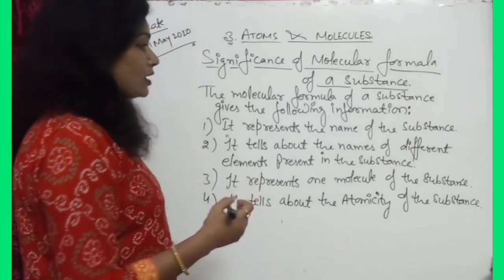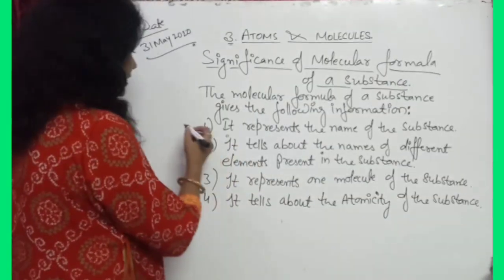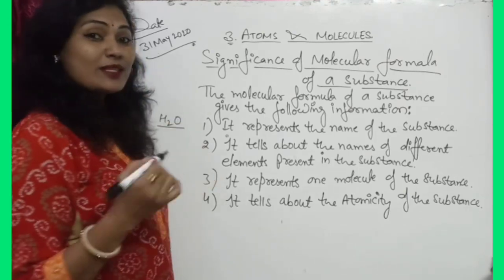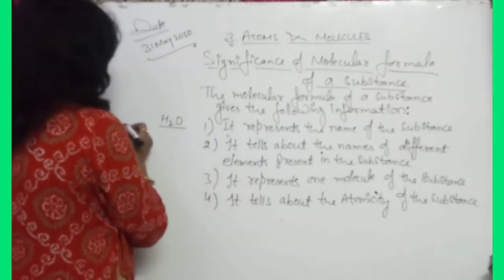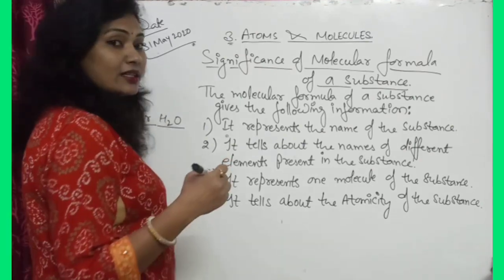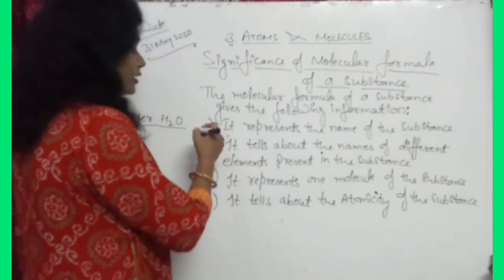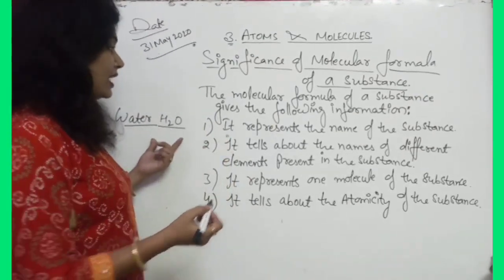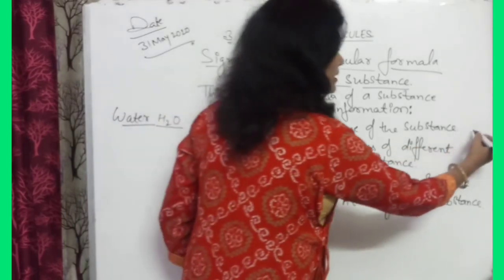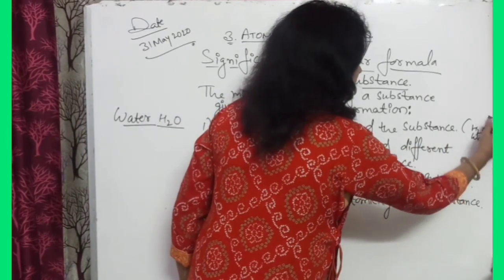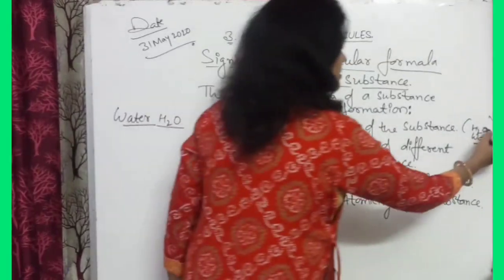For example, if the molecular formula is H2O, it represents the name of the substance, that is water. If you take CO2, it represents carbon dioxide. So H2O is water. It represents the name of that substance.